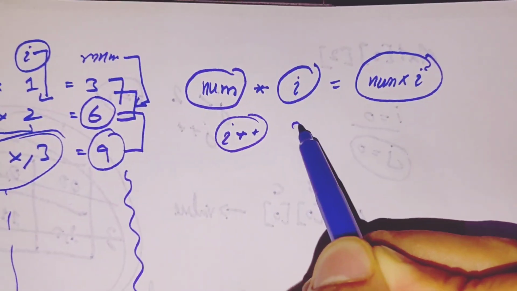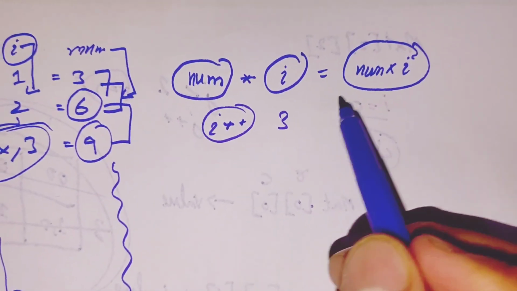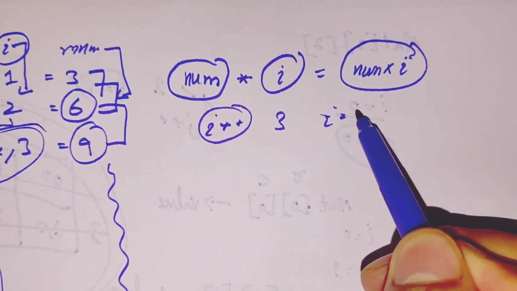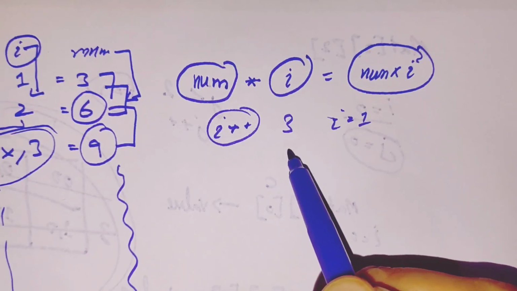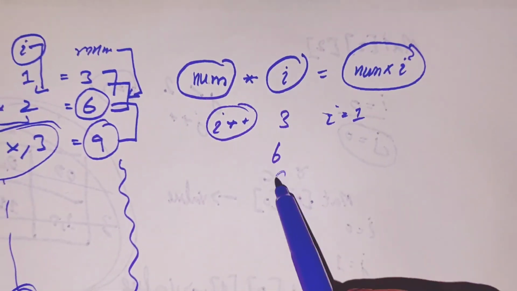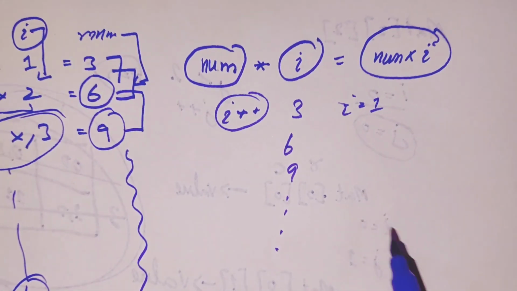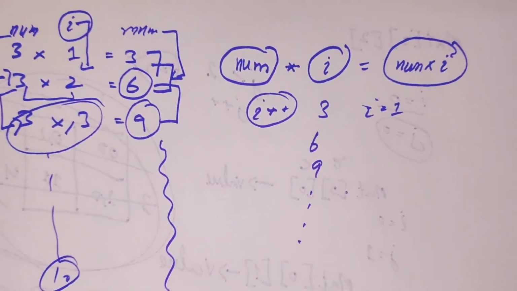So we will get 3 first, because initially I will be equal to 1. Then we will get 3 times 2 equals 6, then 9, and so on. So let's implement this program in our compiler.